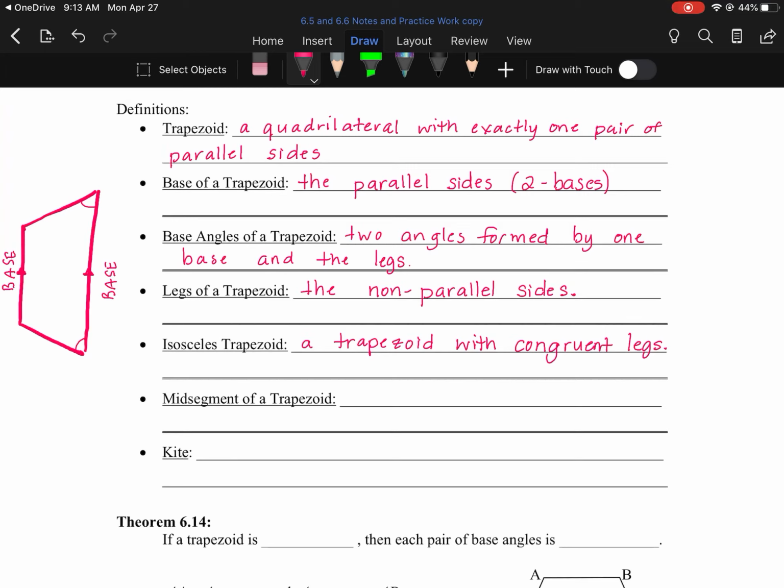So if I were to make my trapezoid to the left an isosceles trapezoid, I would put those dashes through there to show that those two sides are the same length.